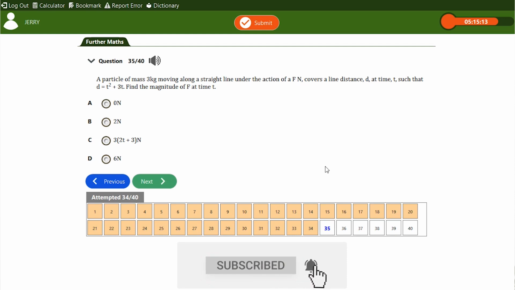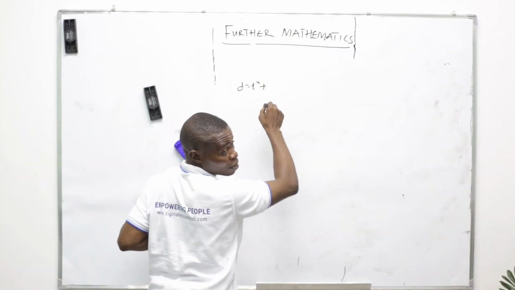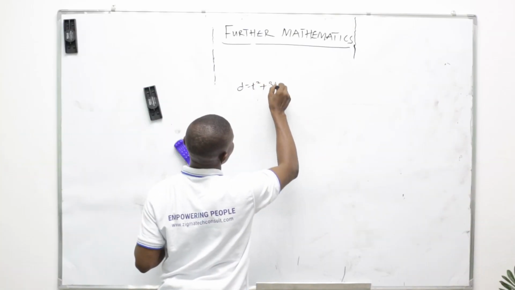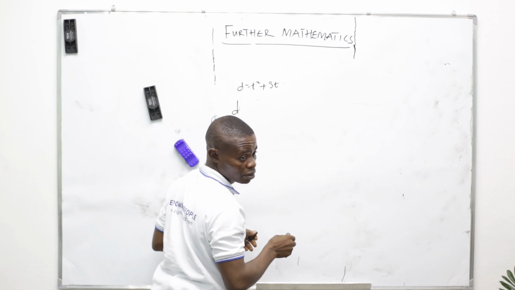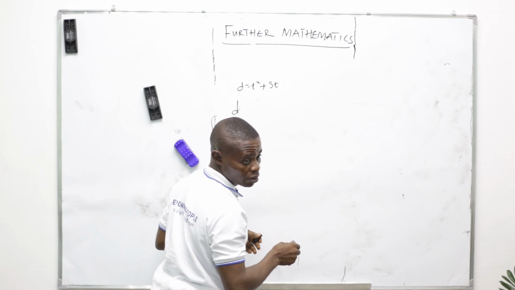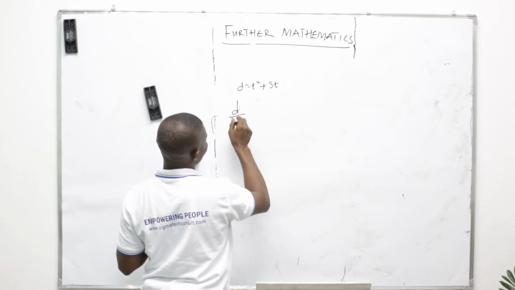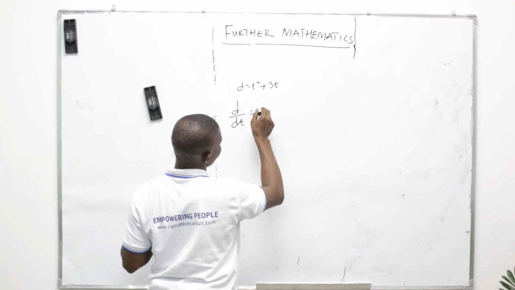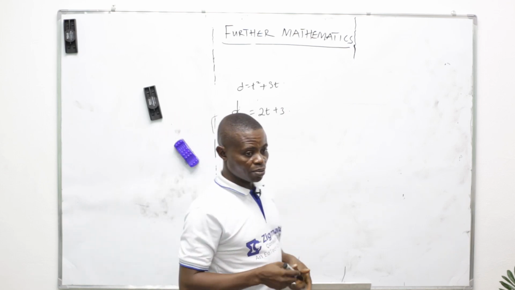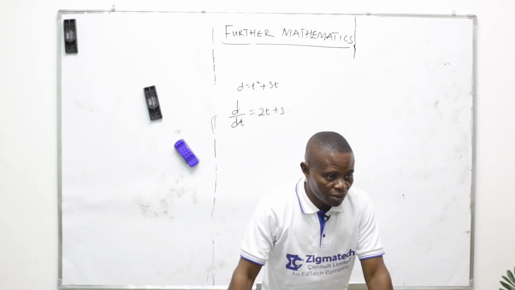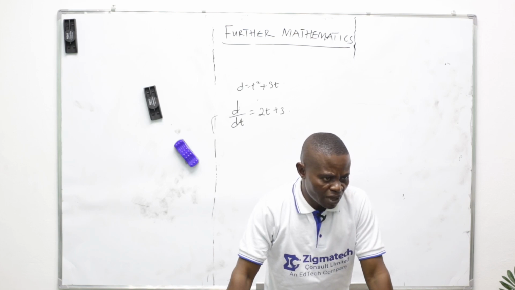I have d equals t squared plus 3t, so the derivative of d with respect to t equals 2t plus 3.